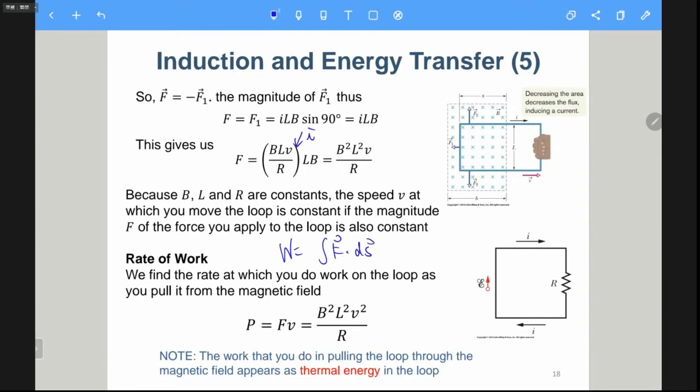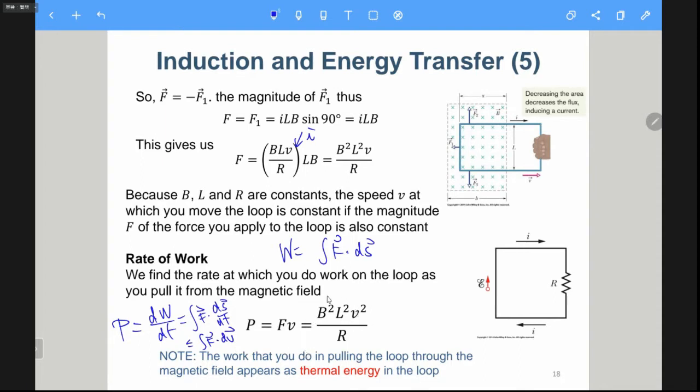So P is nothing but dW/dt, which is somehow like the integration of F dot ds over dt. So ds/dt is v. So if F is a constant, it is nothing but F times v.